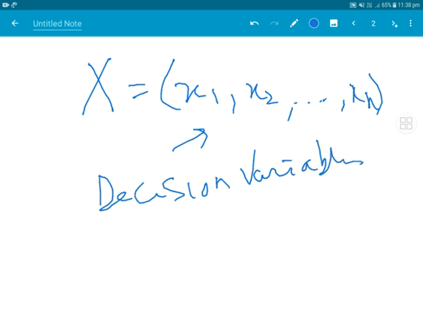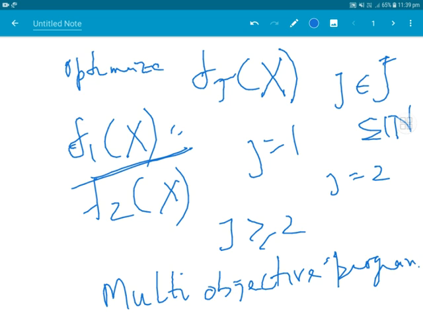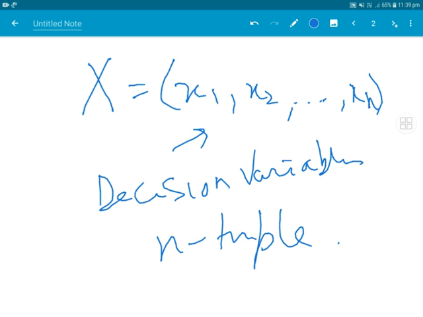So actually we are considering a vector or an n-tuple of decision variables, which is written as a capital X here. That means whenever I take f_j(x), it is any function of all these decision variables, x1, x2 up to xn.